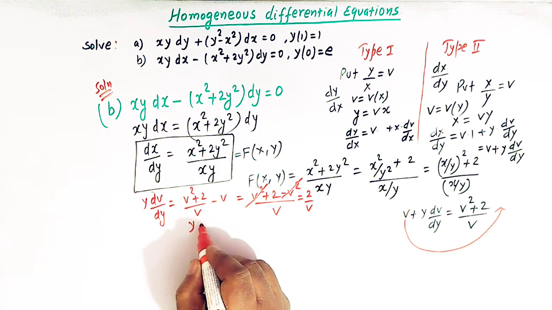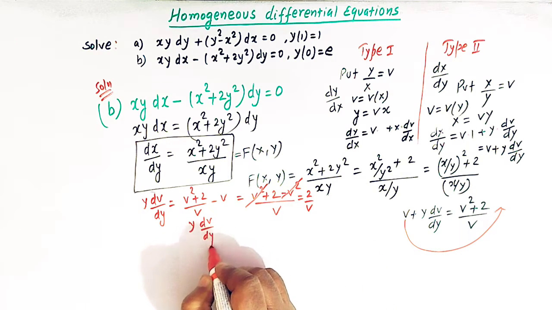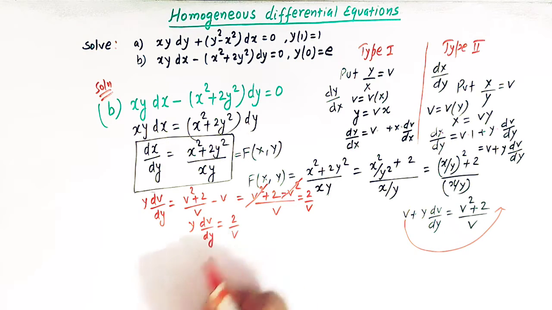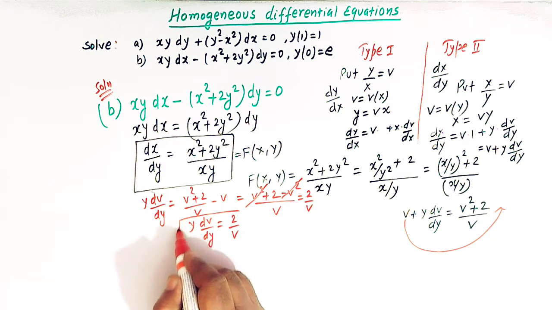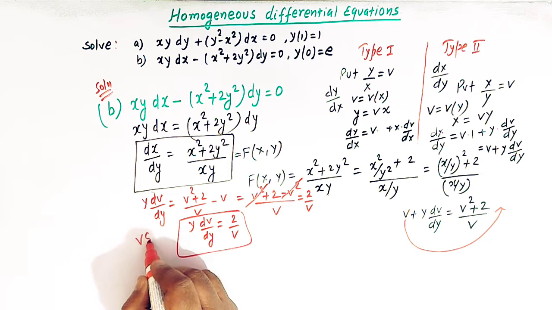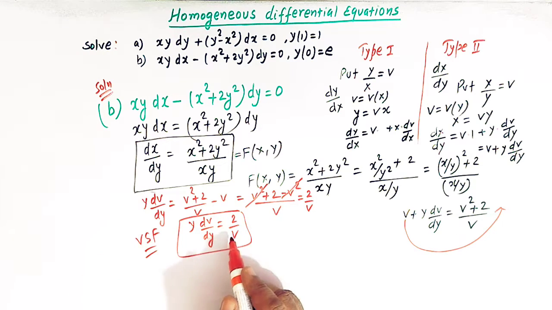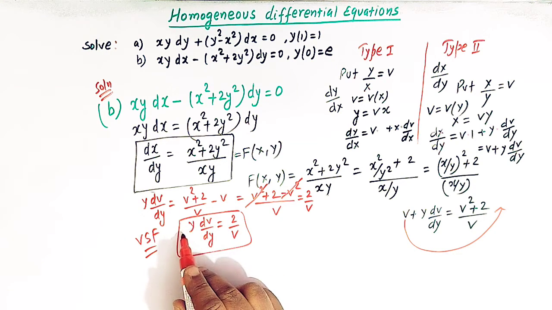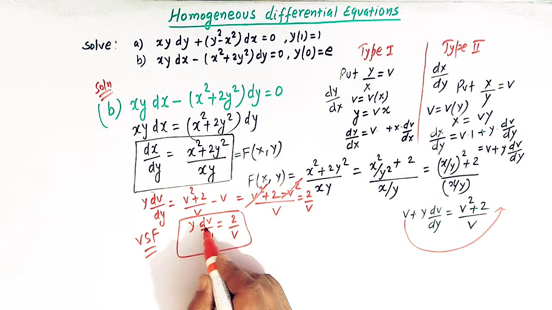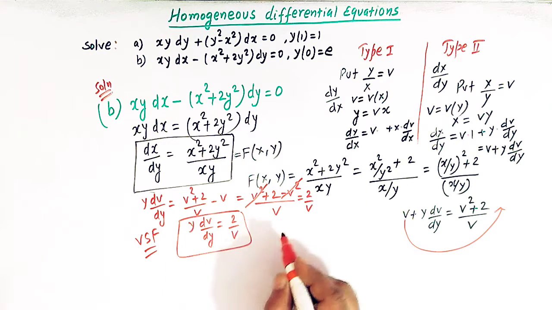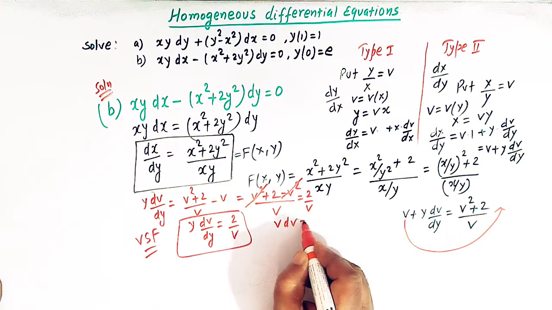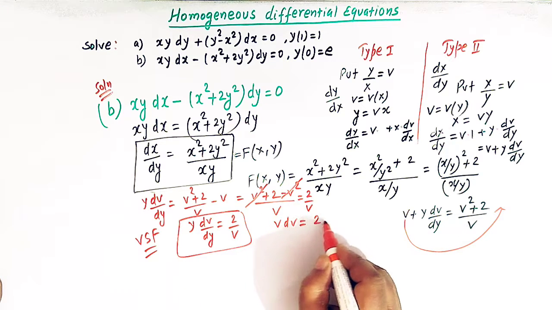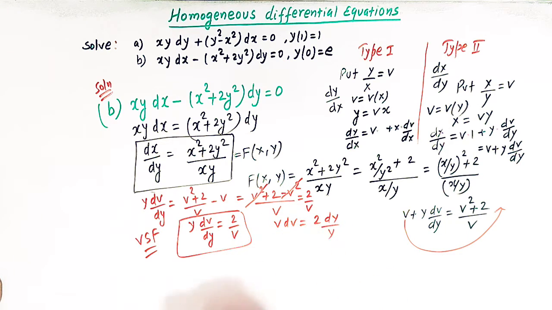So we have y dv over dy is equal to 2 over v, and now this is a variable separable form, right? So we can separate the v's and y's. We can take v to the left hand side. We have v dv, and here we can write 2 dy over y.